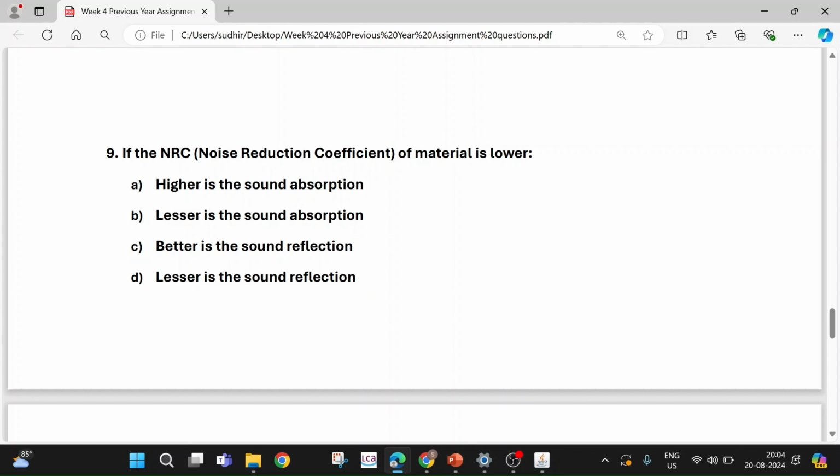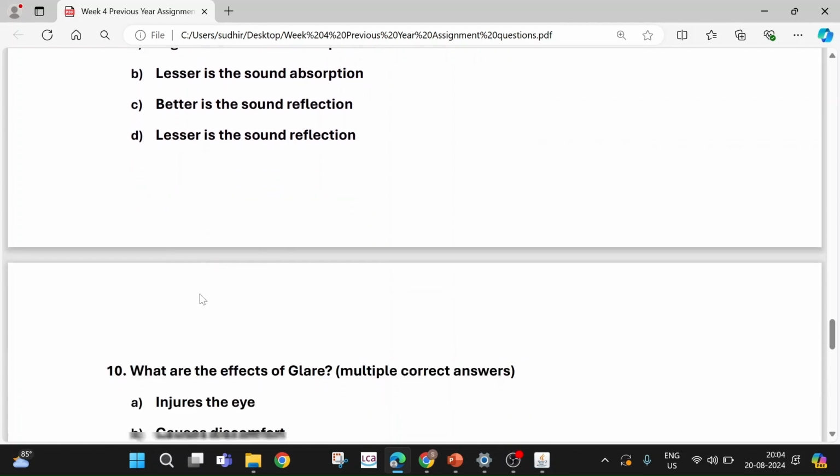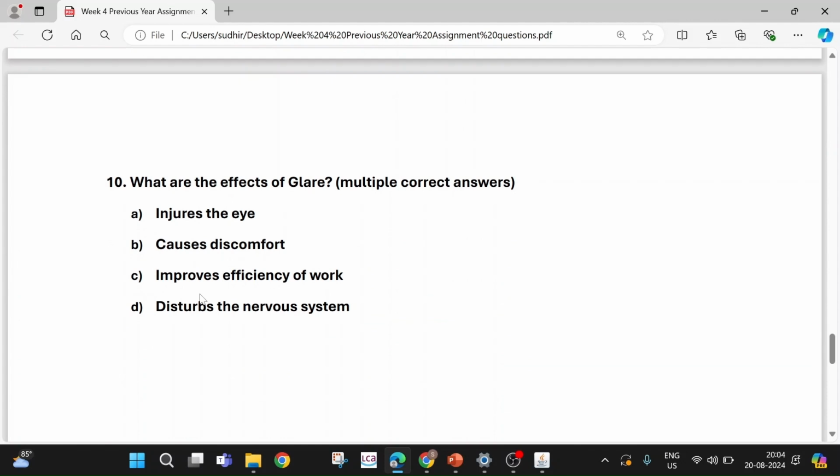Yes. Lesser is the sound absorption. So B will be the right answer. Can we move to the next question? Here is the last question, question 10.